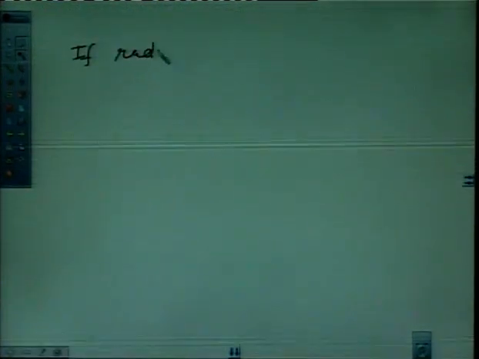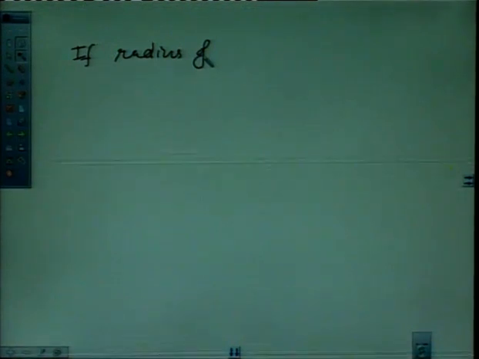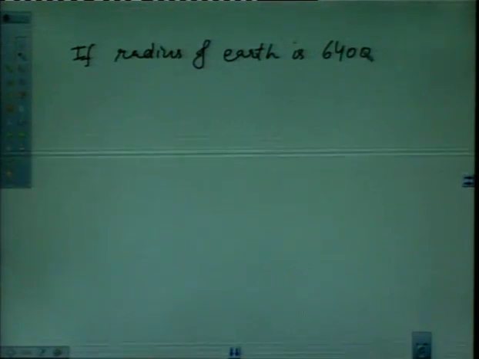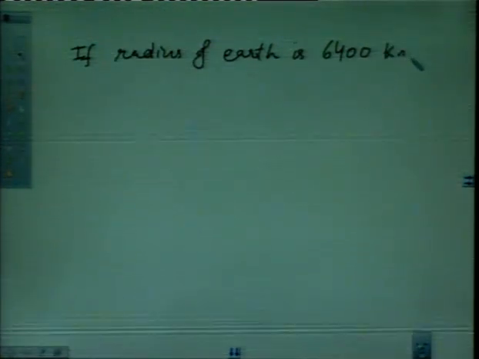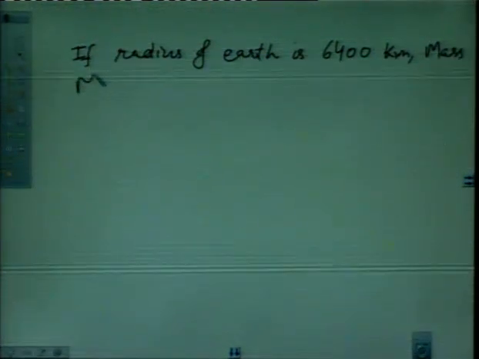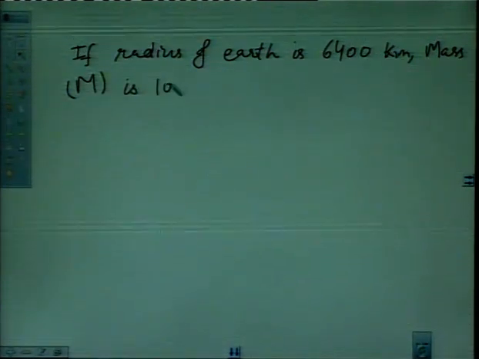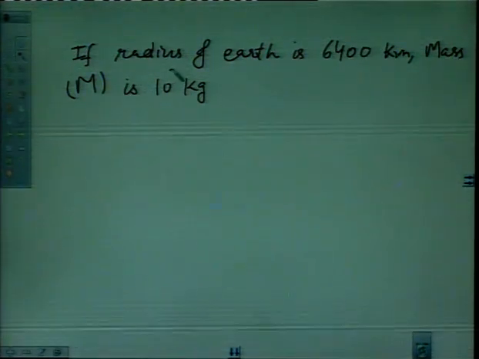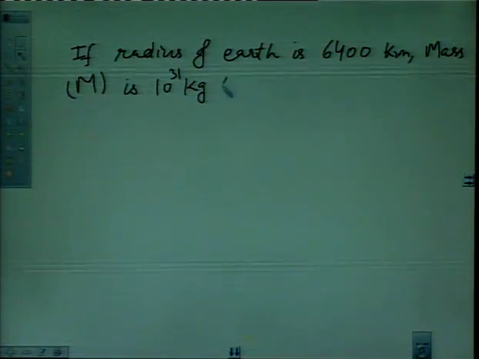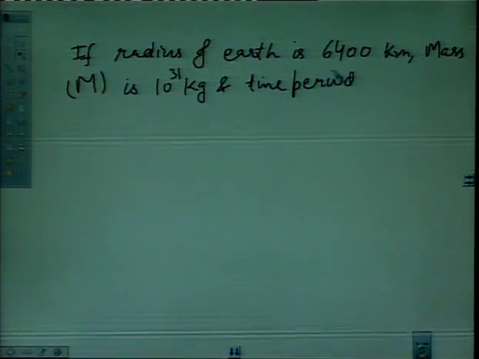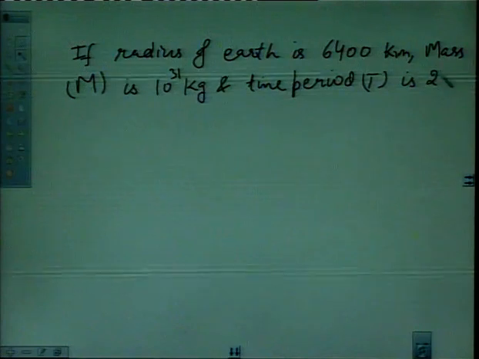If radius of earth is 6,400 kilometer, mass m is 10⁻31 kilogram and time period T is 24 hours.